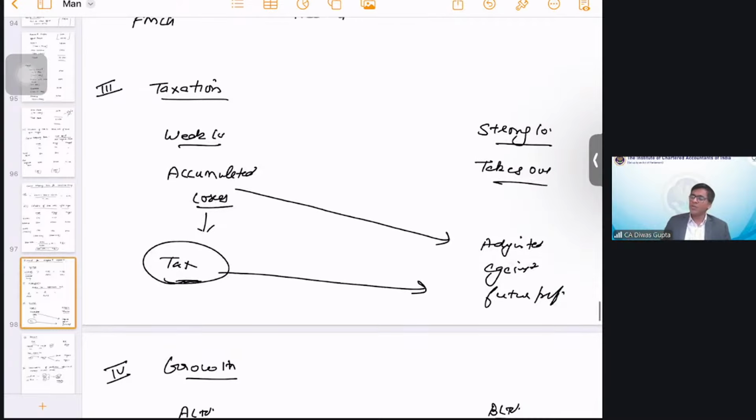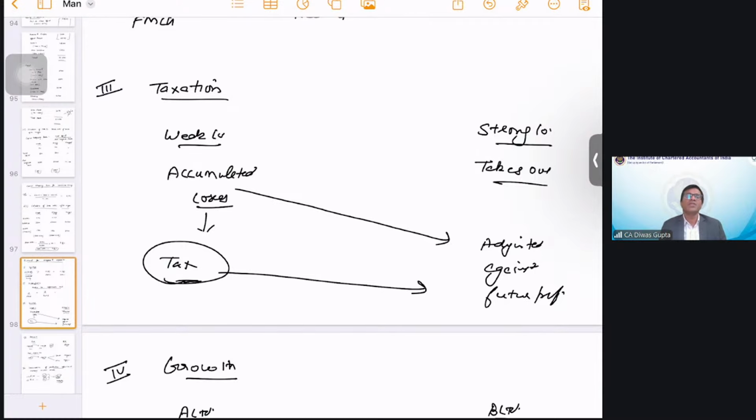The third one was from the taxation point of view, wherein we know that since tax will be lower, right? For example, there is a company in which there are unabsorbed losses and accumulated depreciation sitting, right? That can be set off against the future profits, but this company is not going to generate any future profits.